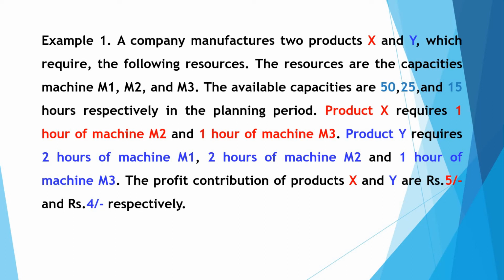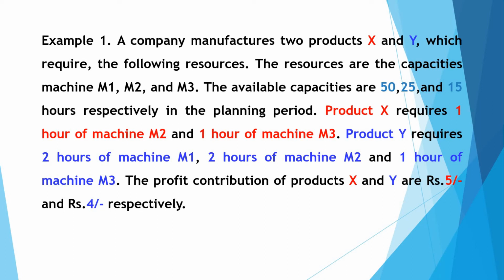So what this problem says, a company produces 2 competitive brands X and Y. These brands require 3 machines M1, M2 and M3, but these 3 machines can be used for 50 hours, 25 hours and 15 hours during the planning period. Now this planning period can be either a week or a month, depending upon the product. Product X does not require any time of machine M1.